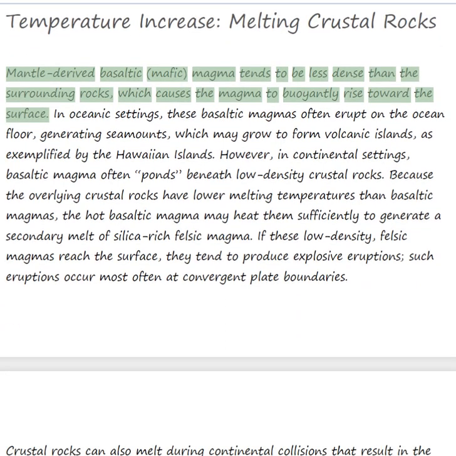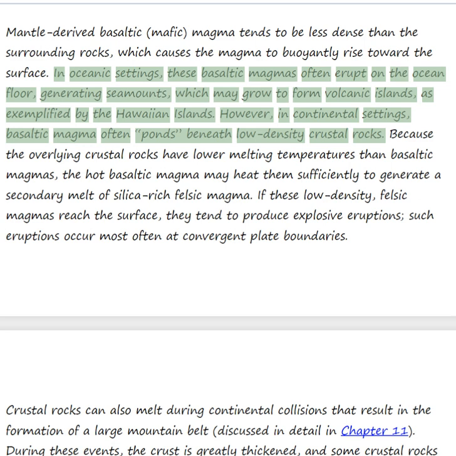Mantle-derived basaltic magma tends to be less dense than the surrounding rocks, which causes the magma to buoyantly rise toward the surface. In oceanic settings, these basaltic magmas often erupt on the ocean floor, generating seamounts, which may grow to form volcanic islands, as exemplified by the Hawaiian Islands. However, in continental settings, basaltic magma often ponds beneath low-density crustal rocks.